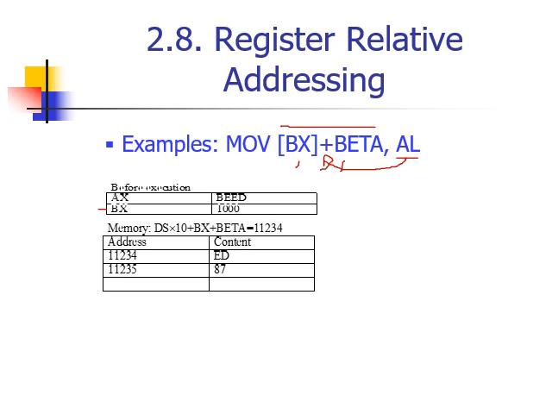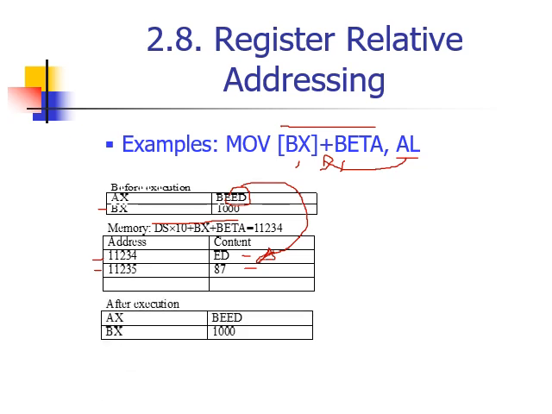So DS times 10 plus BX plus beta gives you this address, whose content is this. It gives you the higher address location and the content in this. We need only the lower address memory location, whose content is ED. Now you take AL, which is ED, and place it into this address. It happens that the data to be replaced with is the same.